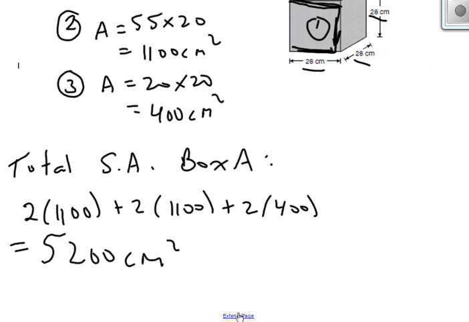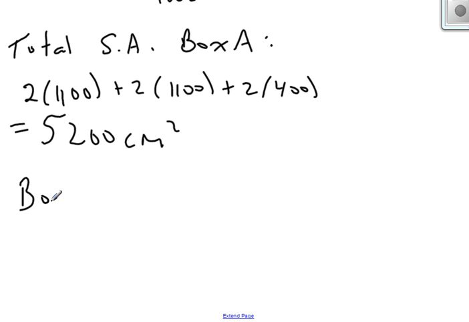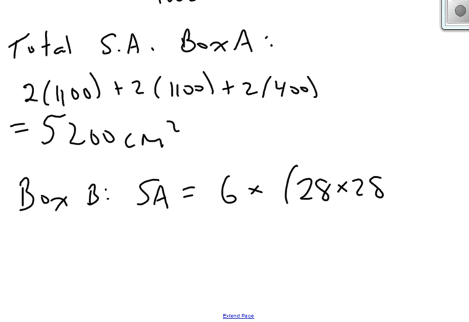So let's talk about box B. Box B, surface area equals 6 times 28 times 28. So length times width, and then there's 6, and they're exactly the same because it's a cube. We love cubes. They're so optimized. And that gives us a surface area of 4704 centimeters squared.